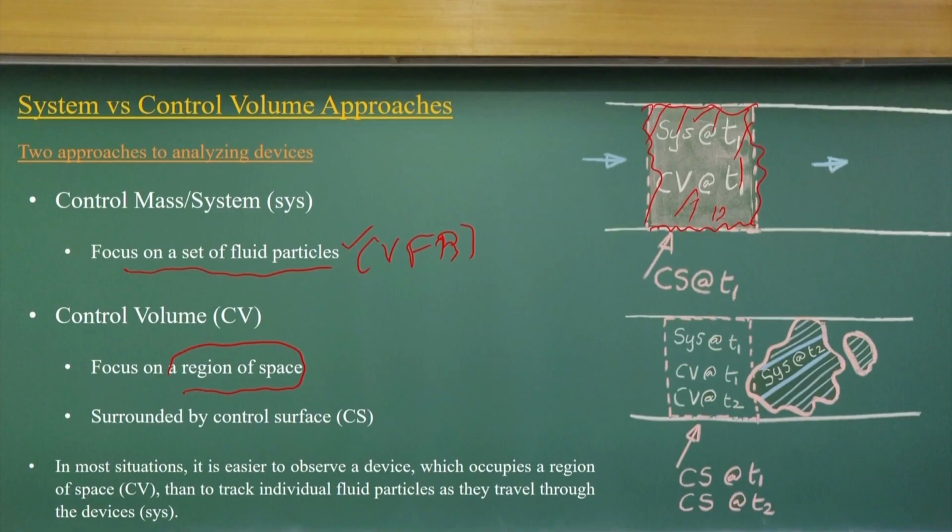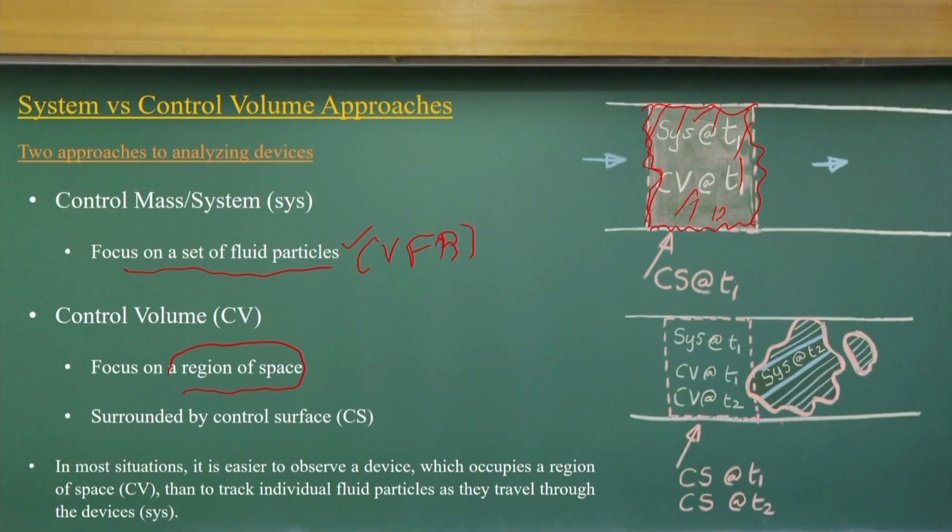Same way, there will be a surface through which fluid comes into this control volume, and a surface from which the fluid goes out. That will be the outlet. So, influx and outflux. That way you can understand the system and the control volume.